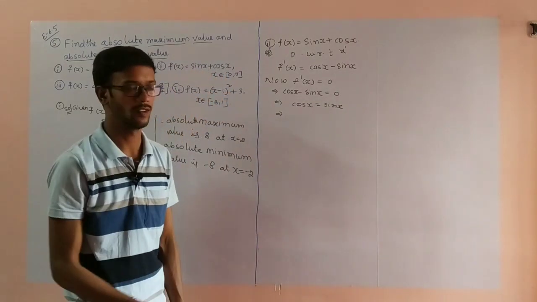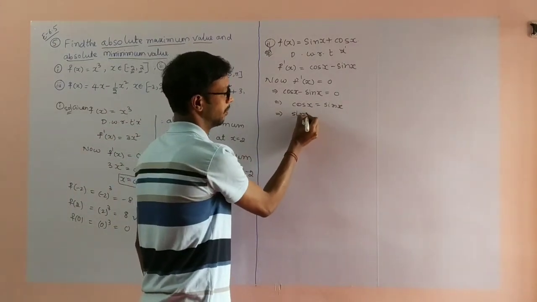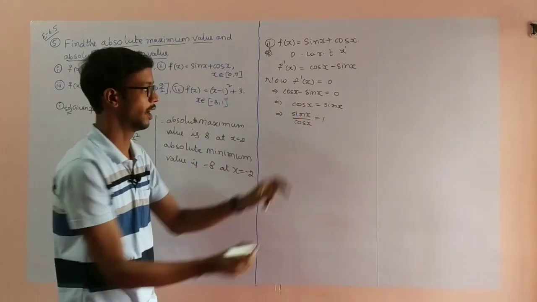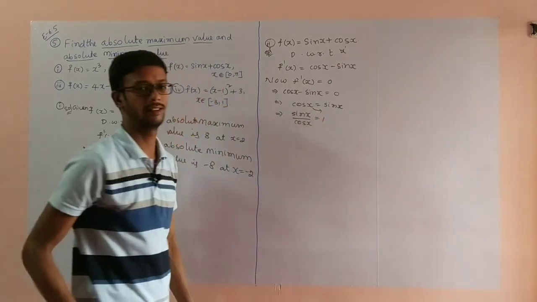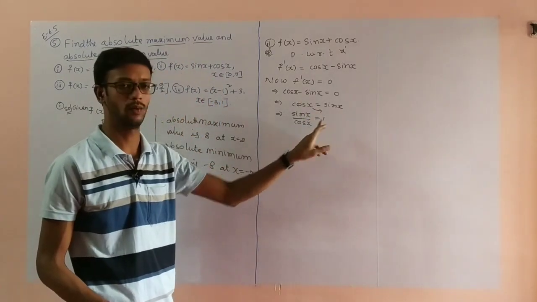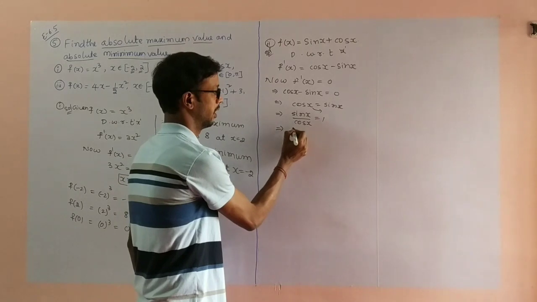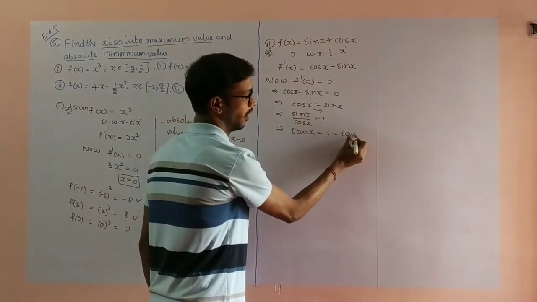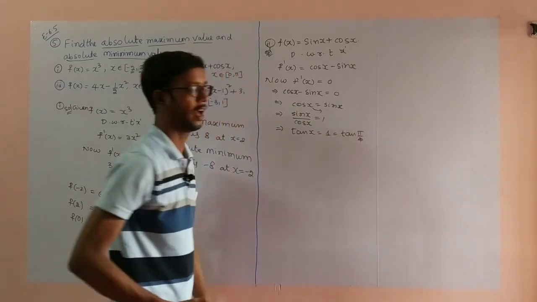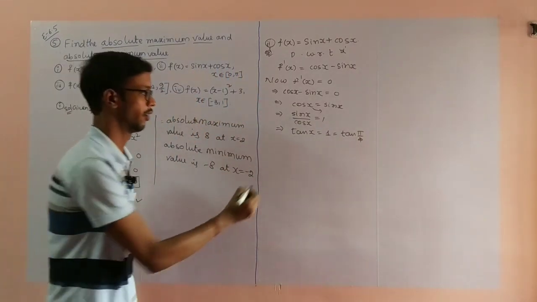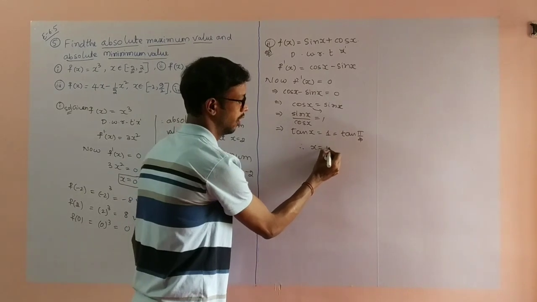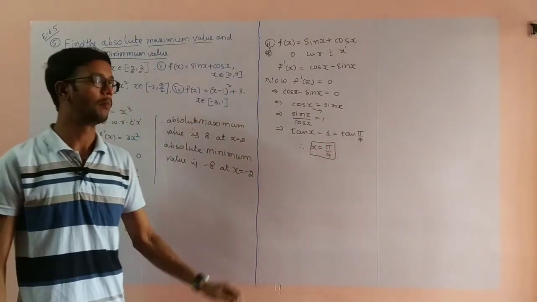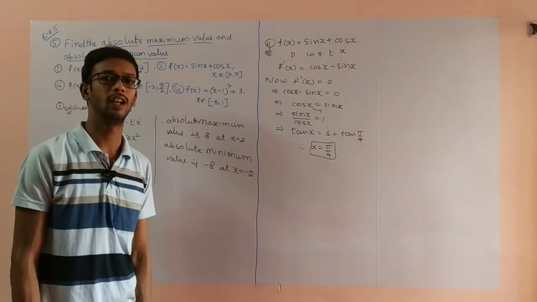Dividing, sin x by cos x is equal to 1, that is nothing but tan x. Tan x is 1, and tan pi by 4 is 1. Therefore, x equal to pi by 4 is a critical point.